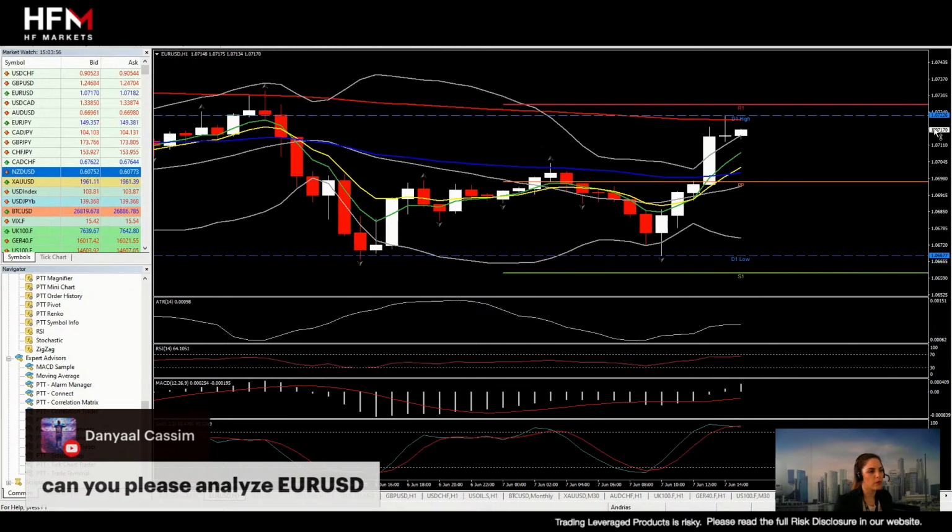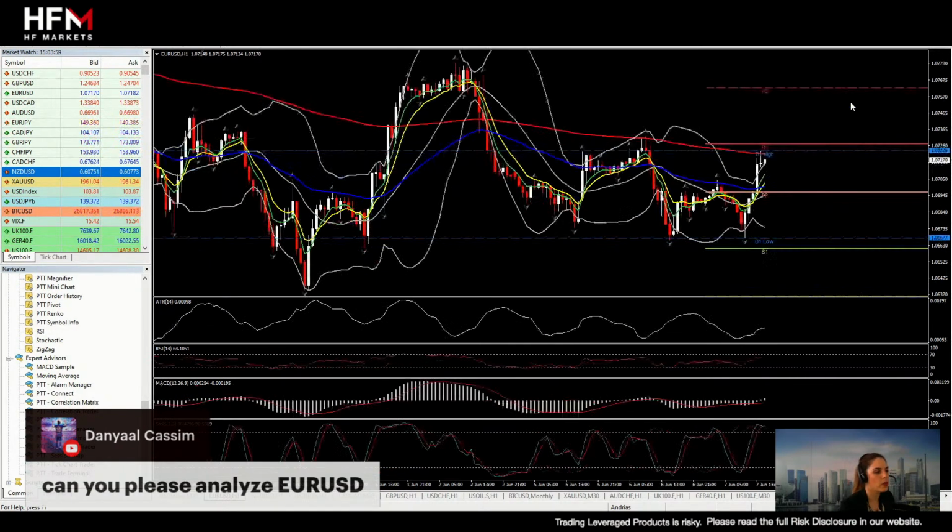We need to see more to identify whether euro dollar will actually extend and retest Friday's top. We need a decisive breakout of the week's resistance and the 1.0735 level.